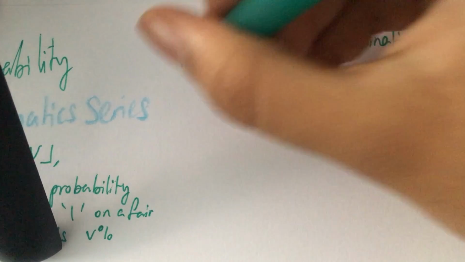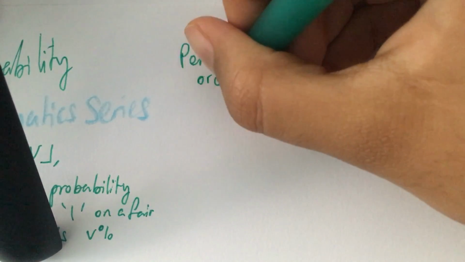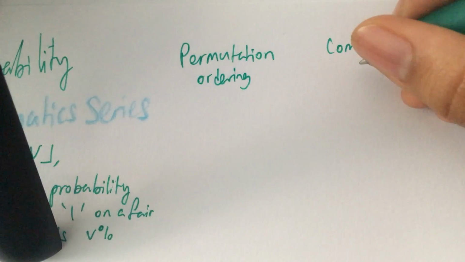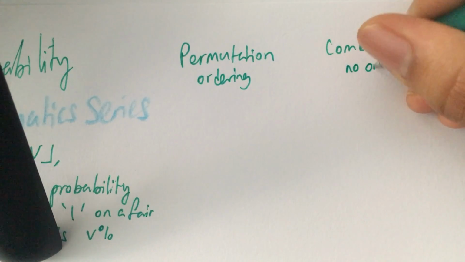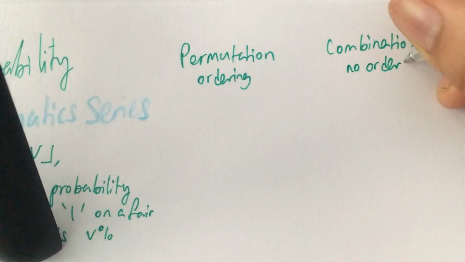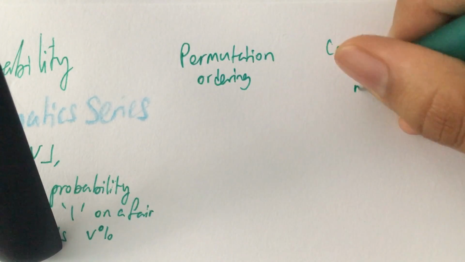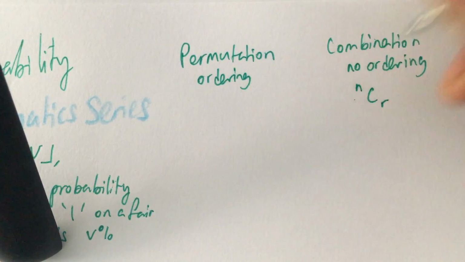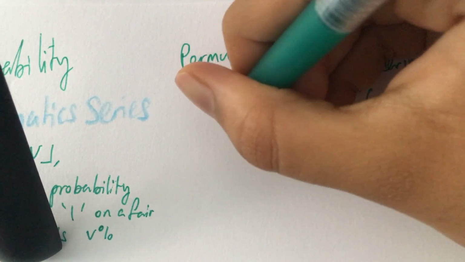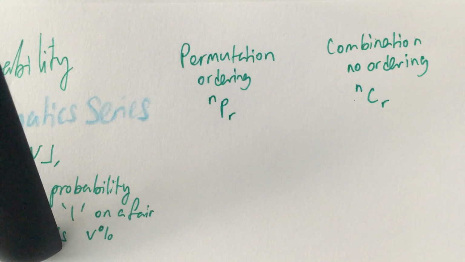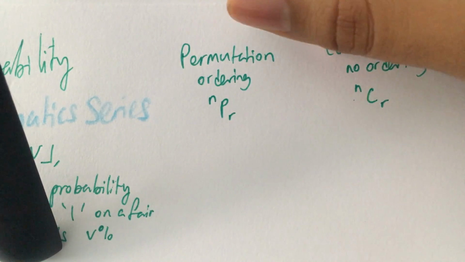There is no division or nothing. And what does that mean? If you have nCr, the n is the total number of objects that you have, and the r is the number of objects that you are arranging. So let's say you have 10 objects and you are taking any four and arranging, combining them together.